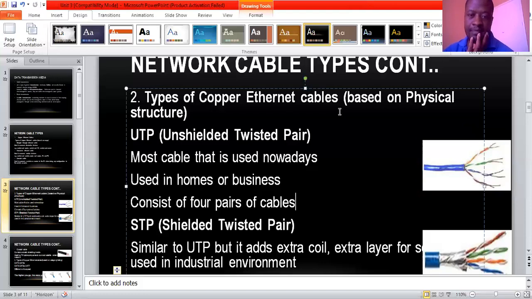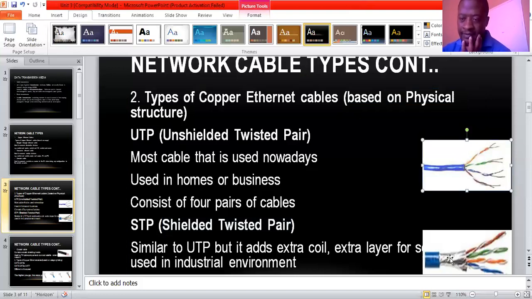Right, now the second one, based on the physical structure, is the STP, the shielded twisted pair cable. Okay, so the STP is similar to UTP, but it has an added extra coil. If you look at these two, you should be able to see the difference.